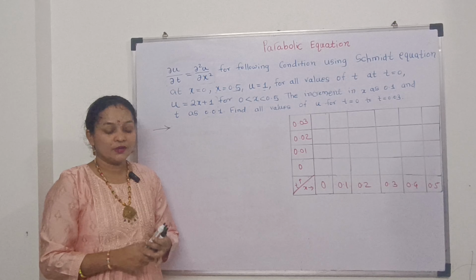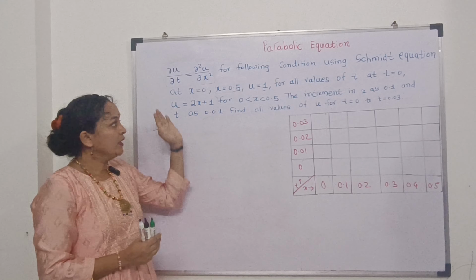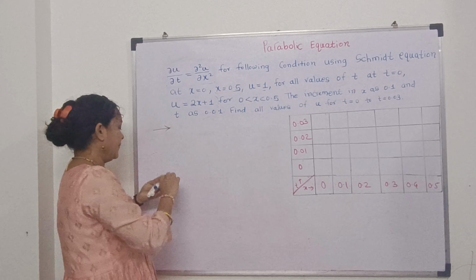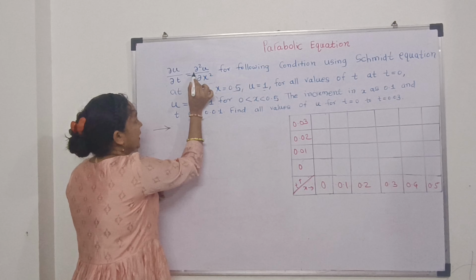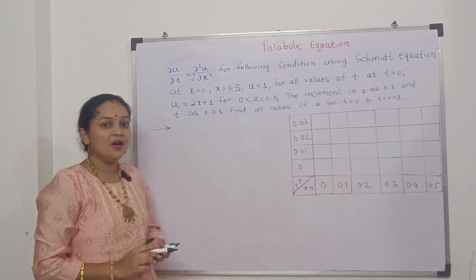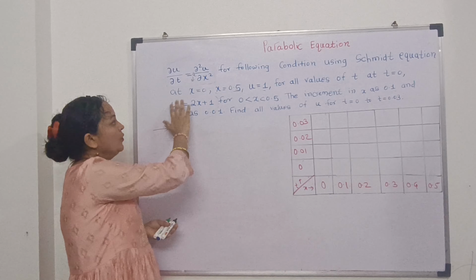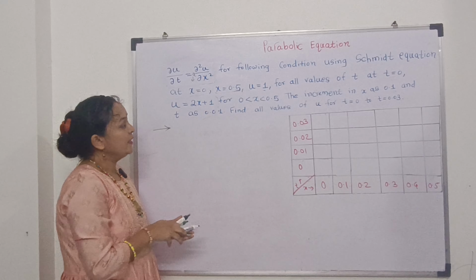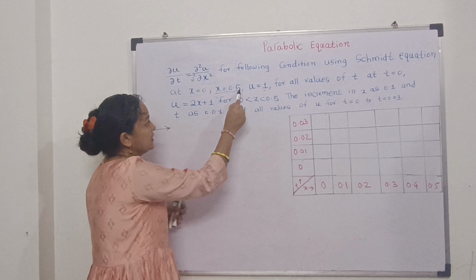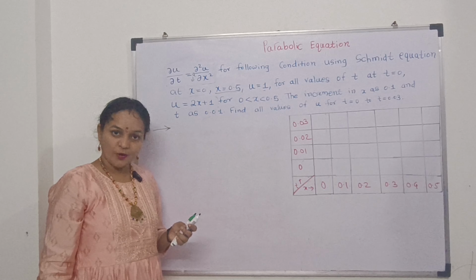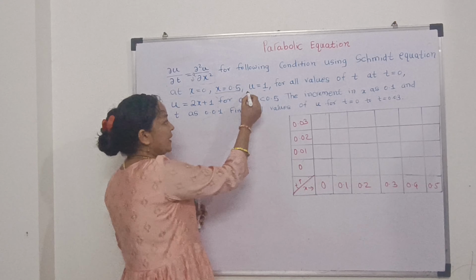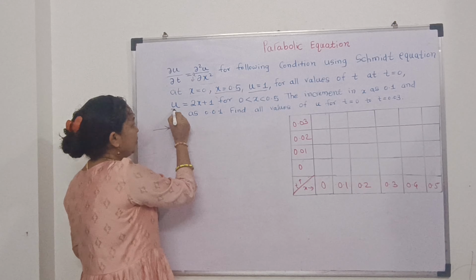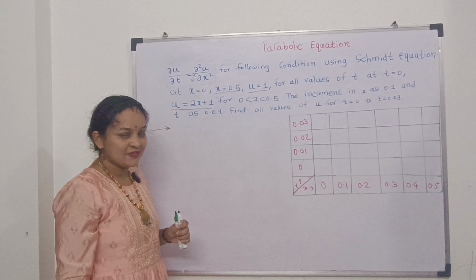Now let us start with this particular problem. They mention this finite form of the equation, and here we are supposed to consider a also. Now the a value becomes 1. They give x equal to 0 up to the last limit, x equal to 0.5, and u as a function of 2x plus 1.